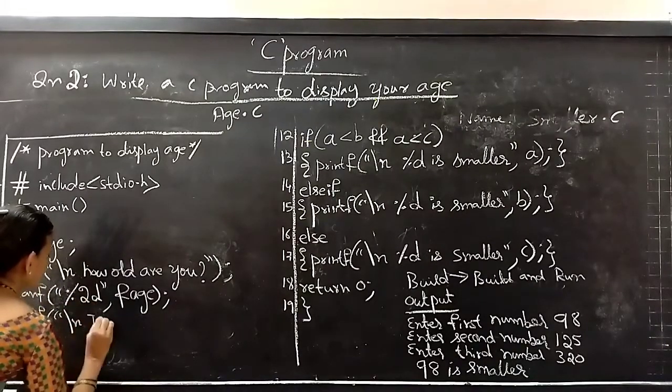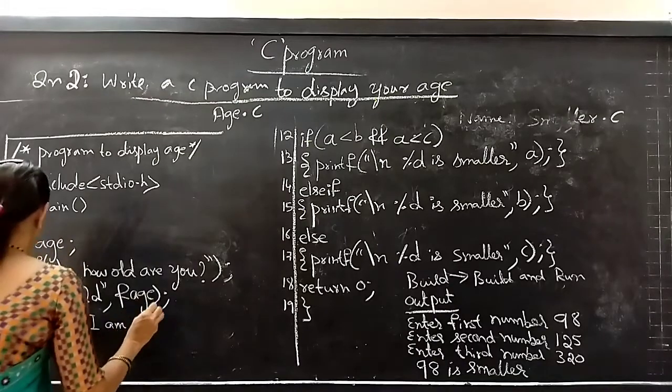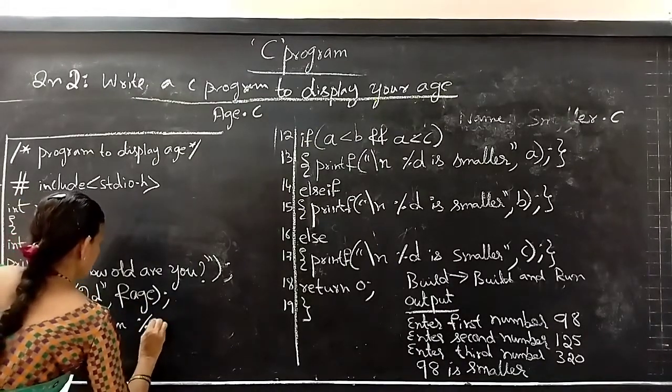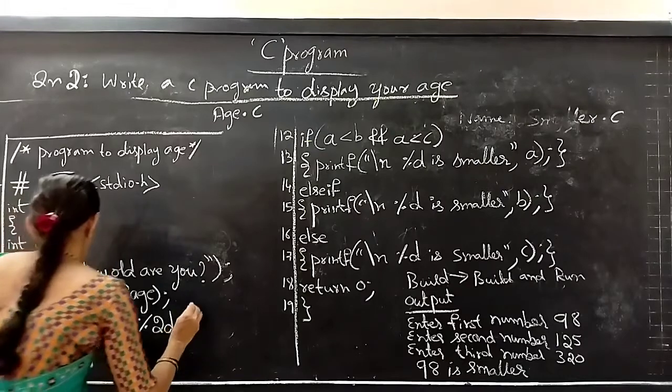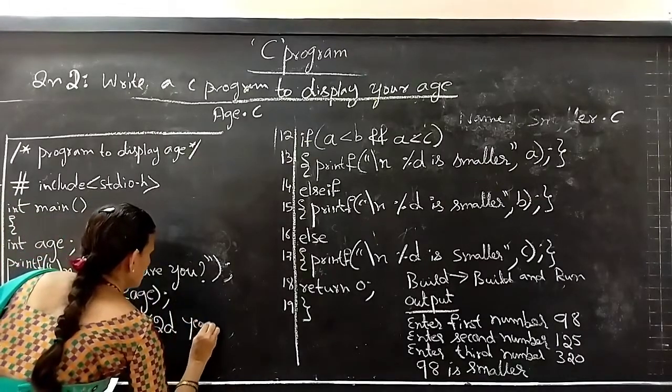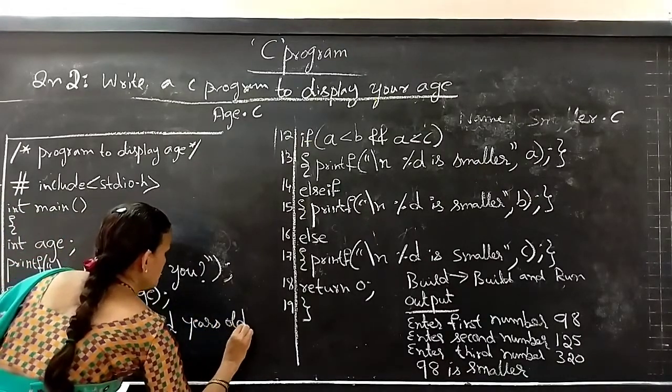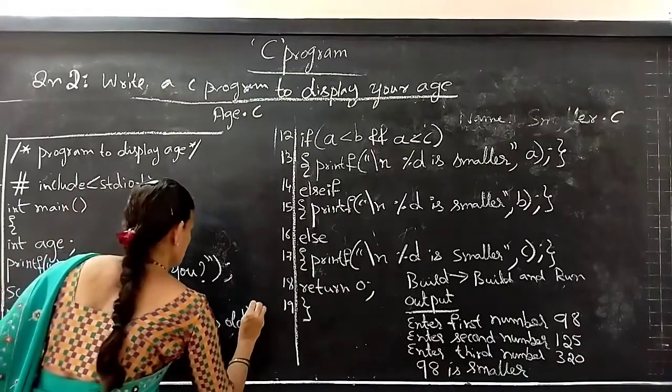You have to write I am percentage 2d years old, double quote close.